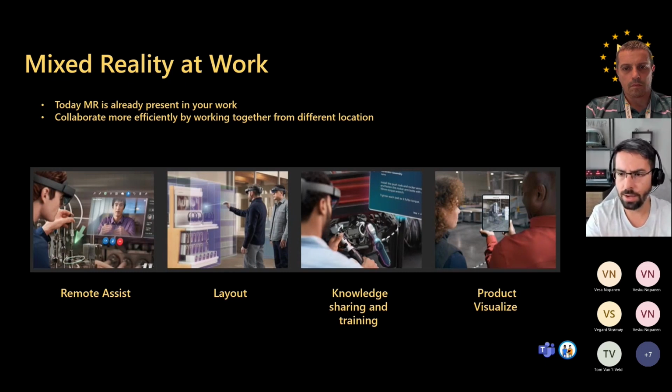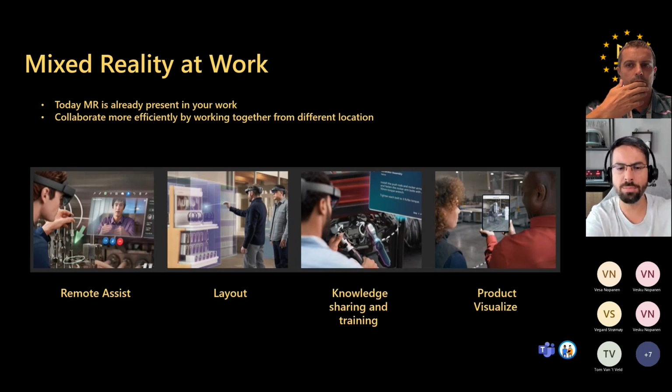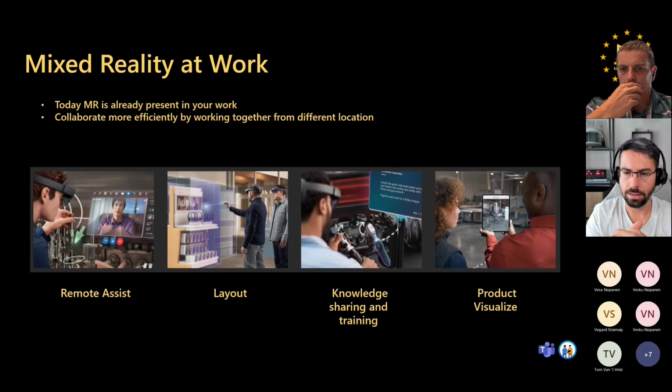For example, we want to understand what is the best position for some item that you want to put inside a room. And by using mixed reality, with different devices, you are able to represent a digital asset in the real world.